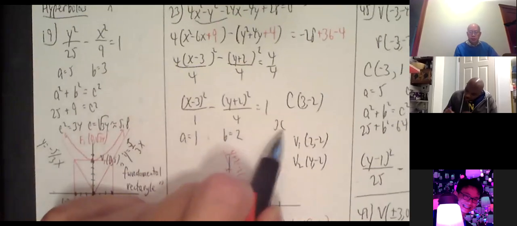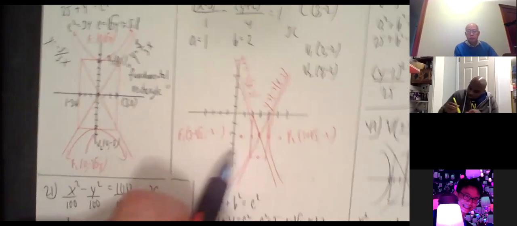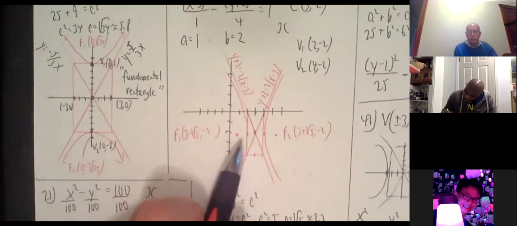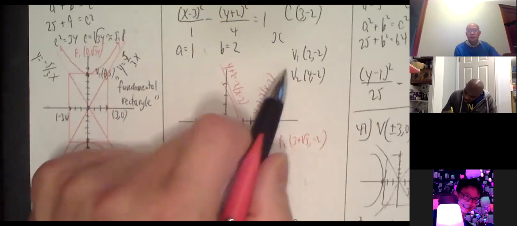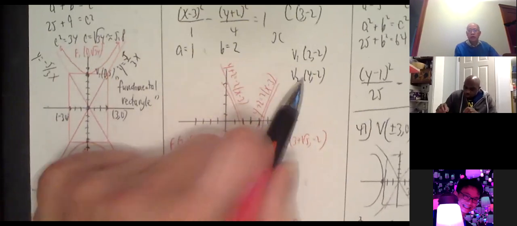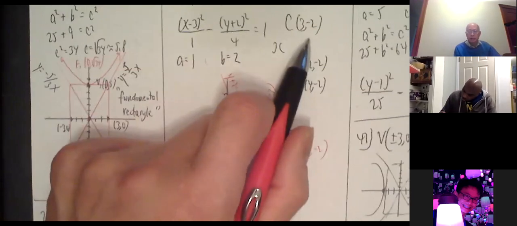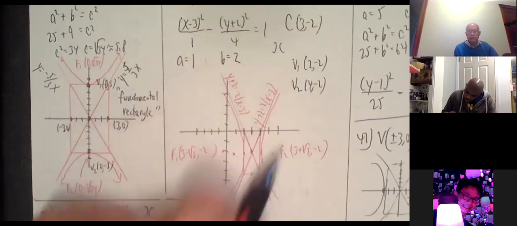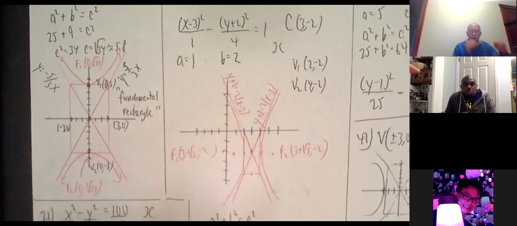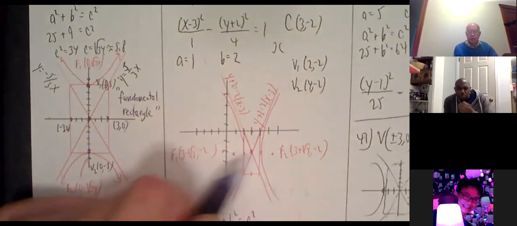So that means it's going to go left and right. So the two vertices are here and here. They are 2, negative 2 and 4, negative 2, because the center was 3, negative 2, right? So if I go 1 to the left, 2, negative 2, vertex 1, vertex 2, 4, negative 2. I put it over here because otherwise the picture gets too crowded.